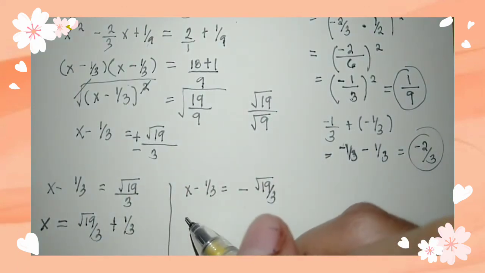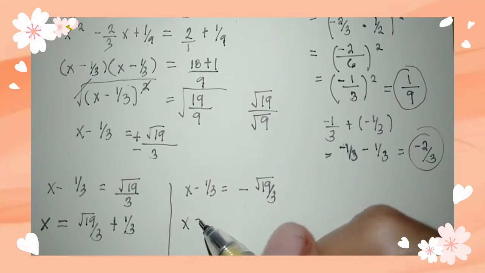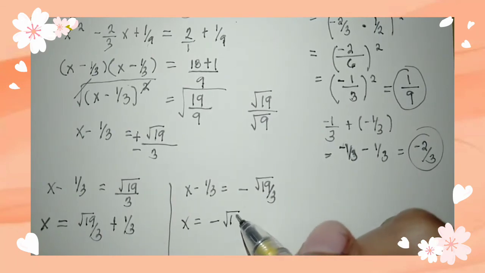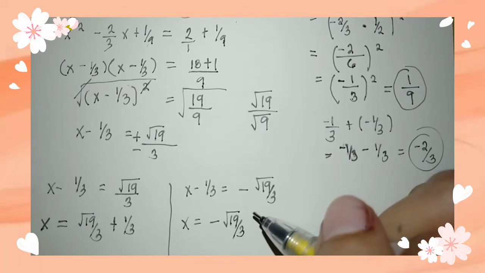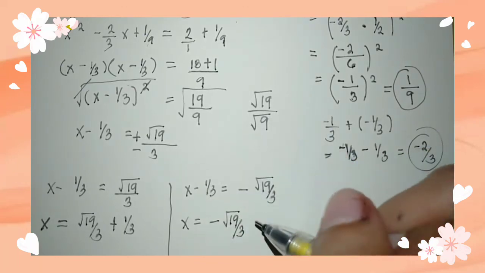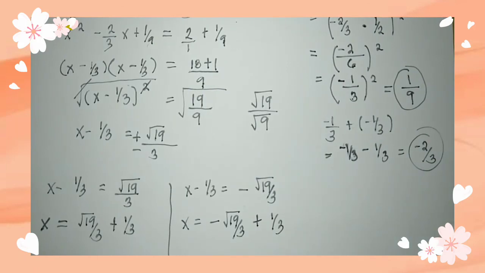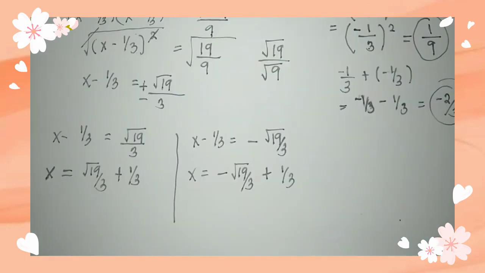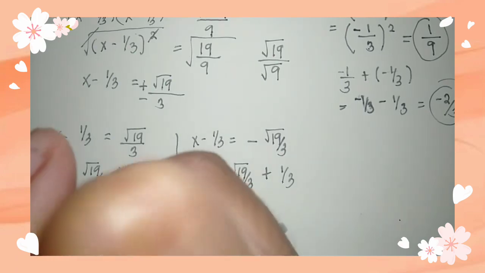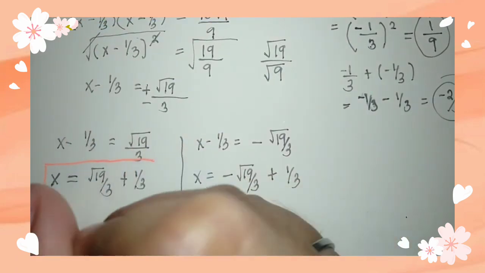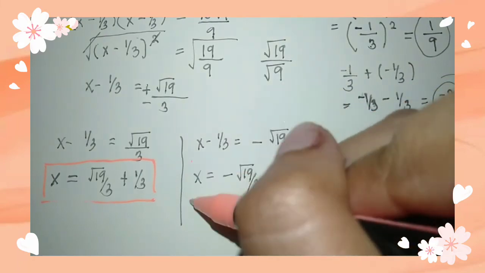And of course, we have x is equal to negative square root of 19 over 3. Si negative 1/3 magiging positive 1/3 since transpose natin siya to the other side. And since hindi na natin siya masisimplify, ito na yung pinaka sagot natin.